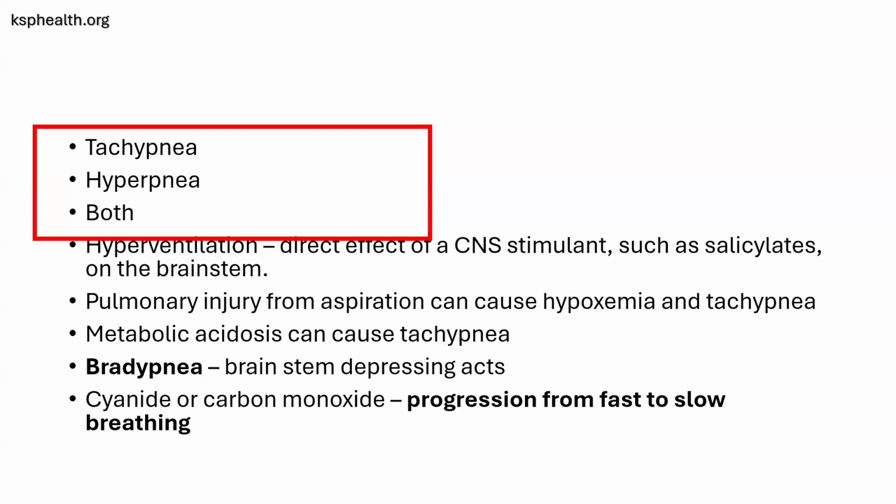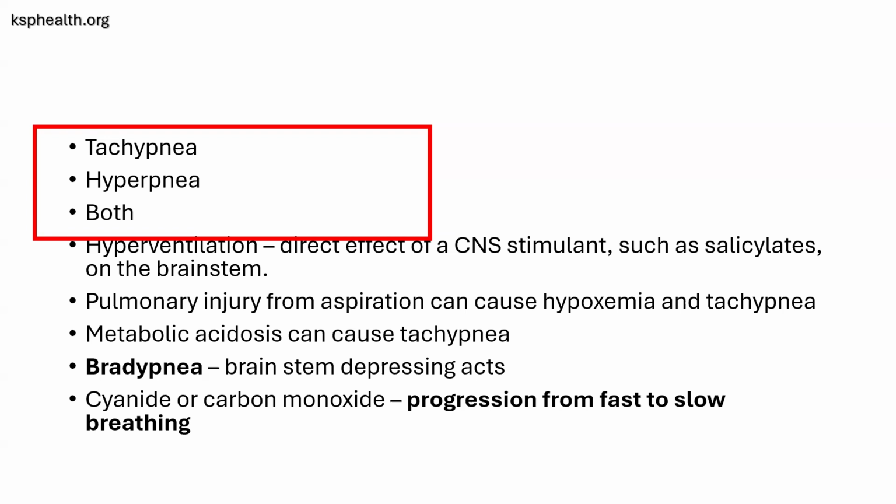Sometimes these xenobiotics can cause aspiration, resulting in pulmonary injury that can cause hypoxemia and tachypnea. Metabolic acidosis that results from either hypotension or disease per se or xenobiotics per se, as it happens in salicylate, can present as tachypnea.